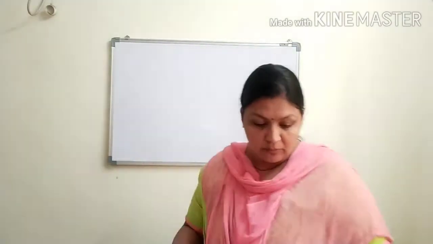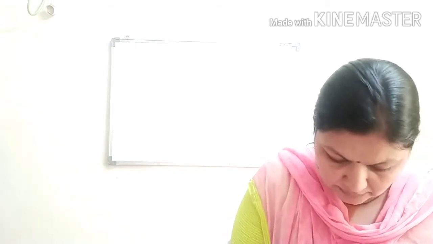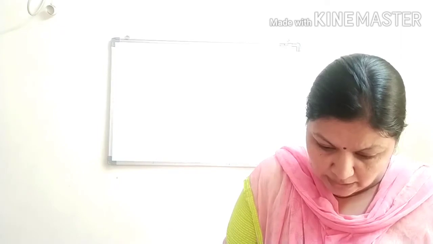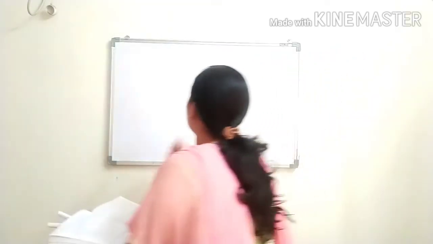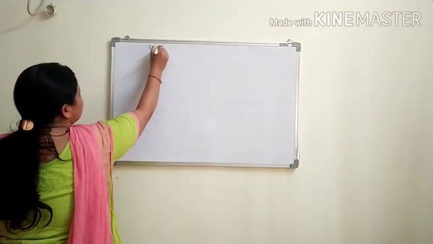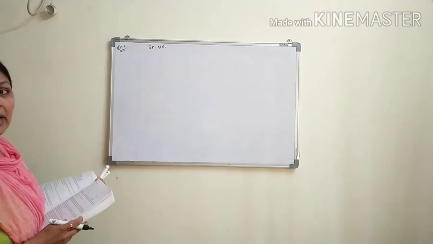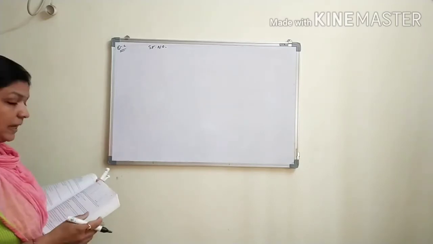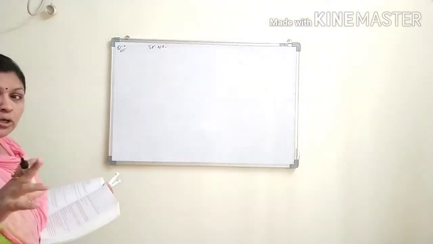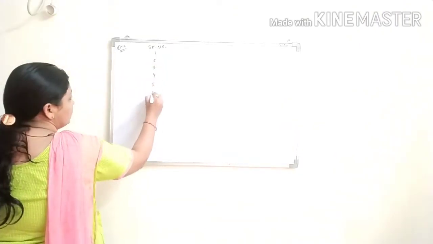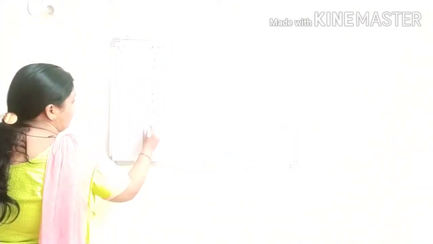So what is the data? There are 10 students' marks given to you. This is question number 2, which we will solve with the shortcut method. Serial numbers 1, 2, 3, 4, 5, 6, 7, 8, 9 and 10.